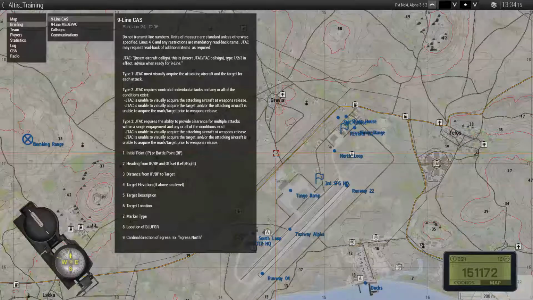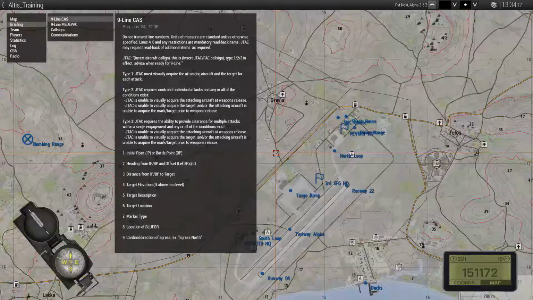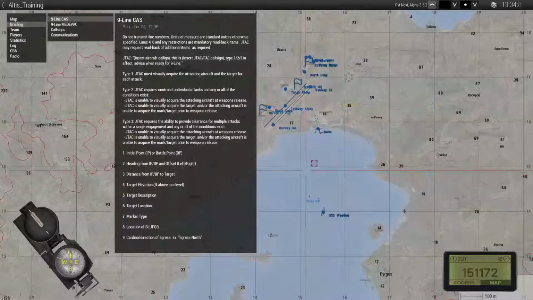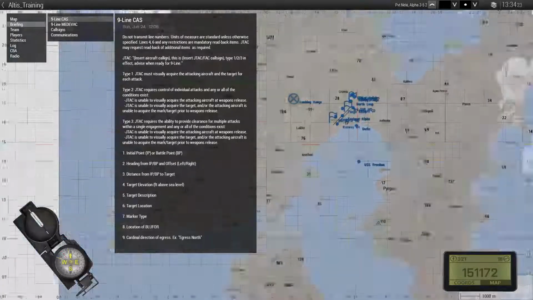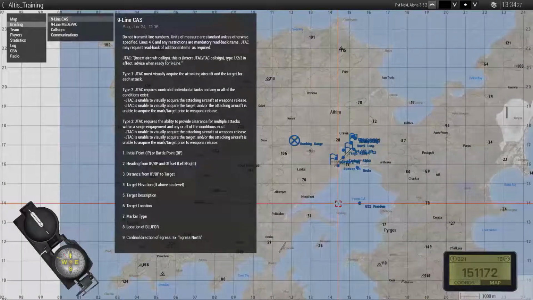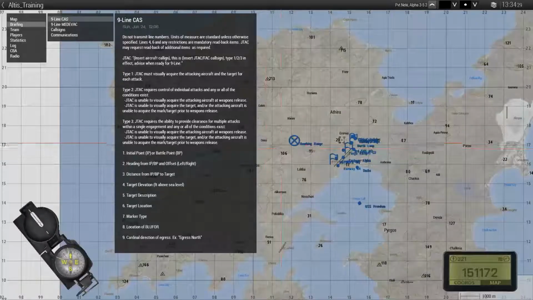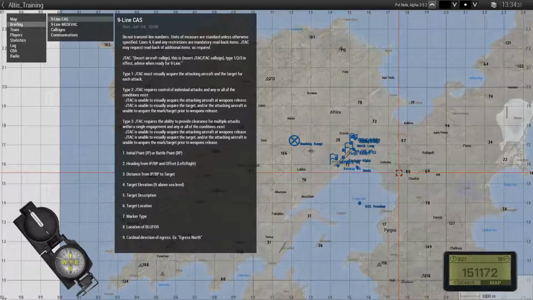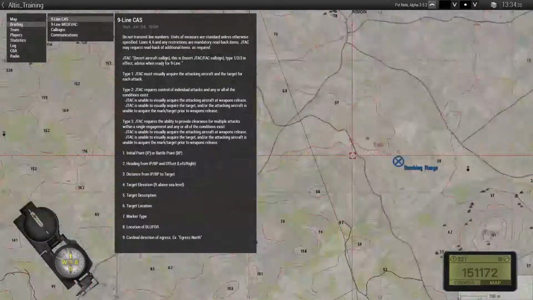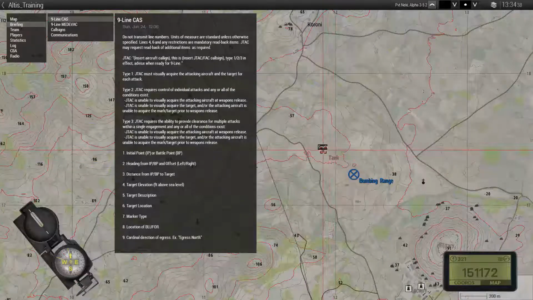Here, are you looking at the map right now? Yeah. All right, so let's say I'll just put some markers down. Mark them in red so that I can really see them. So you see where I put tank over by the bombing range?